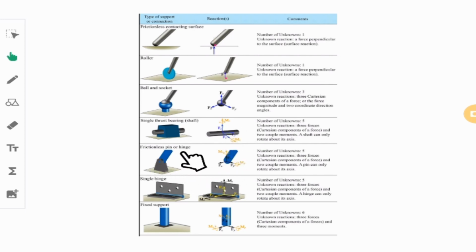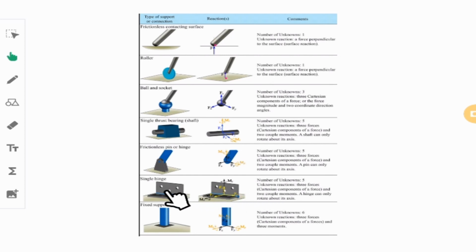In the case of a frictionless hinge, you can figure out how it lets you move, and it's pretty similar to the previous case. It does not let you do translational motion in any direction, and it just lets you do rotation around this axis. There's another similar thing to this.